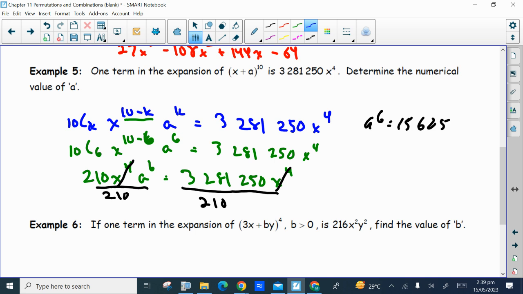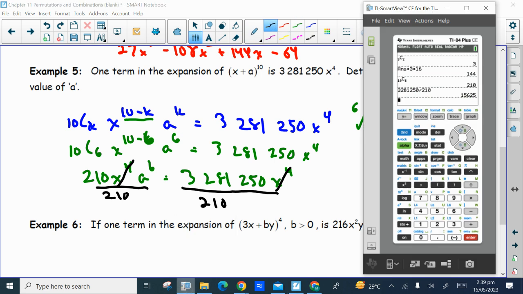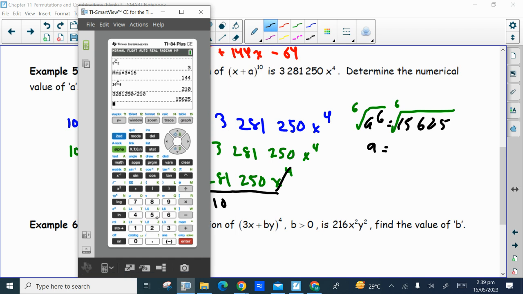Then to find out what a is, we'll take the sixth root of both sides. And that'll give us a equaling 5.